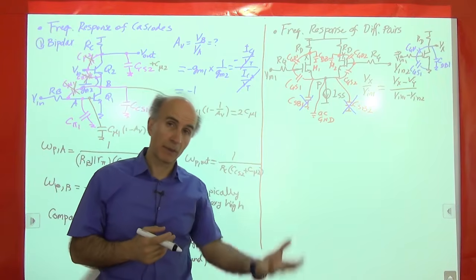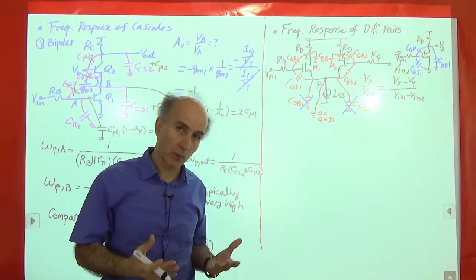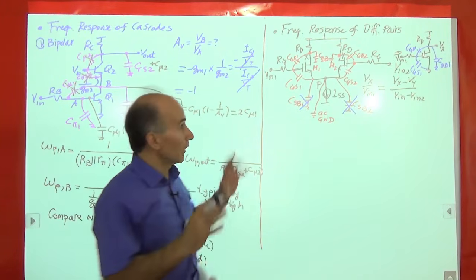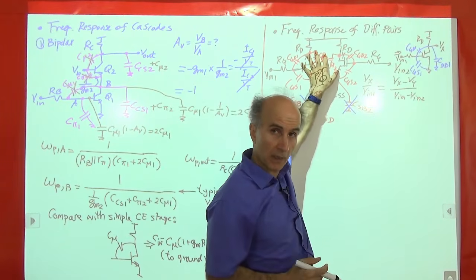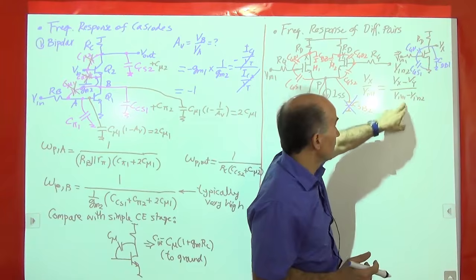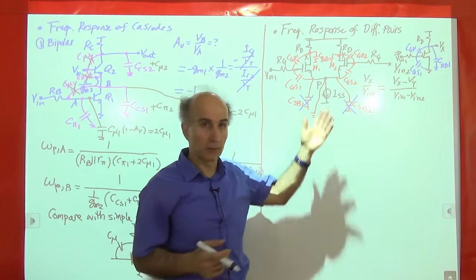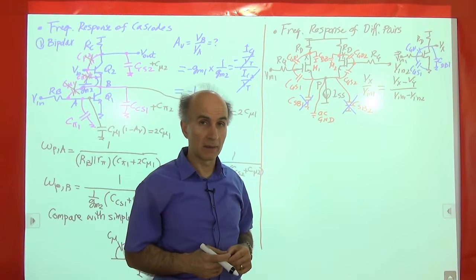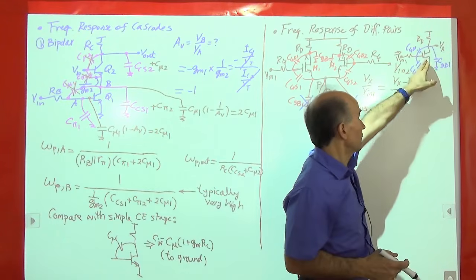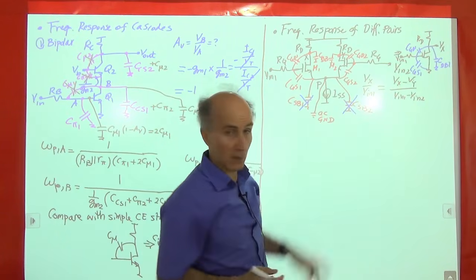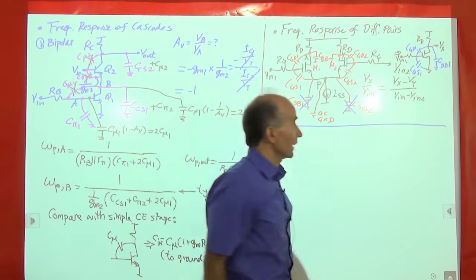We used the Miller approximation first, and then we used the exact transfer function. We looked at the dominant pole approximation, all of those things. So everything that we have discovered about this amplifier applies to this amplifier as well, as far as the differential transfer function is concerned. So that's why we don't have to study this in detail again. We just take the transfer function we had here and use it for this one as well. So that's easy enough.